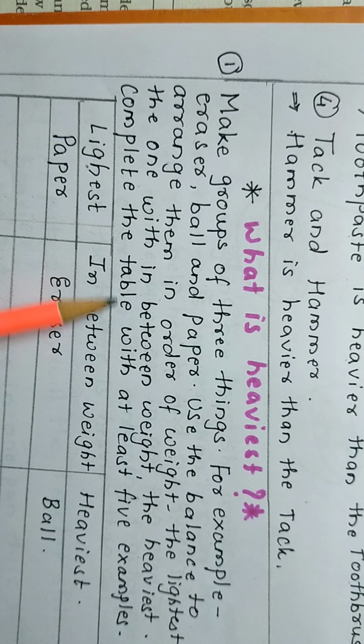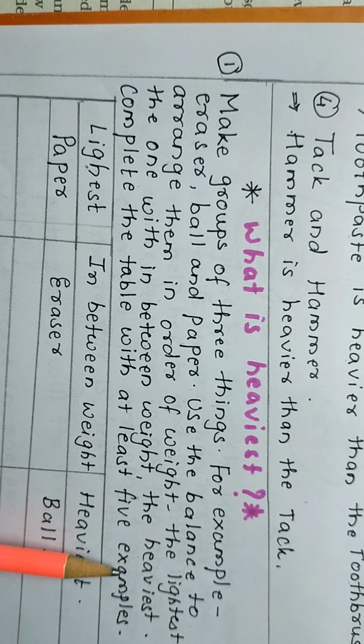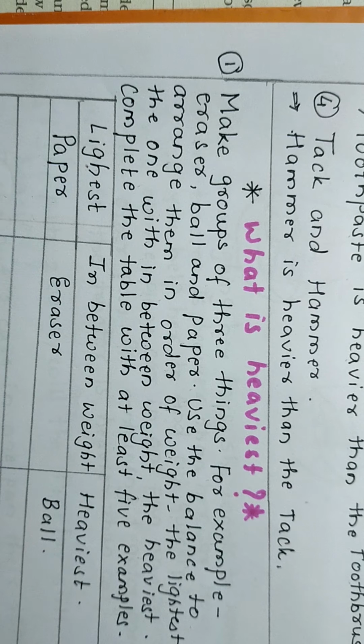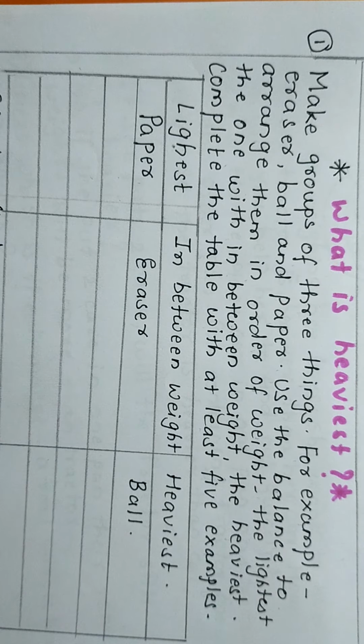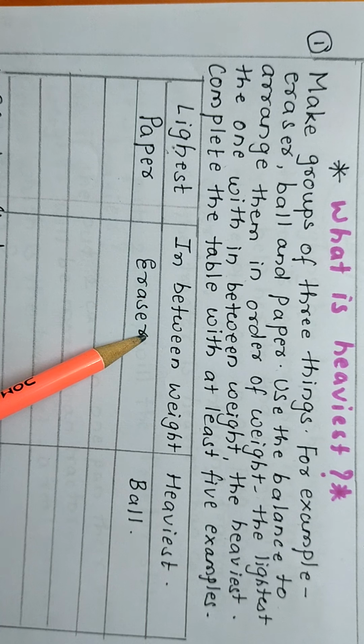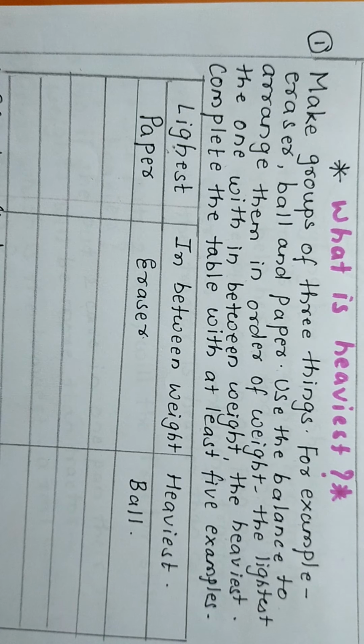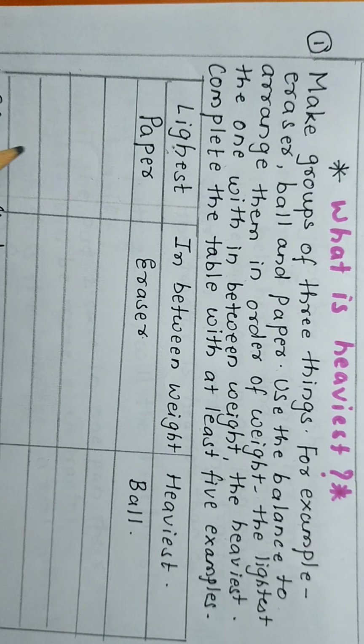Complete the table with at least 5 examples. Okay. Now we have to fill up the things in this table with examples. What we have to do? We have to find out which is the lightest, which is in between and the heaviest.